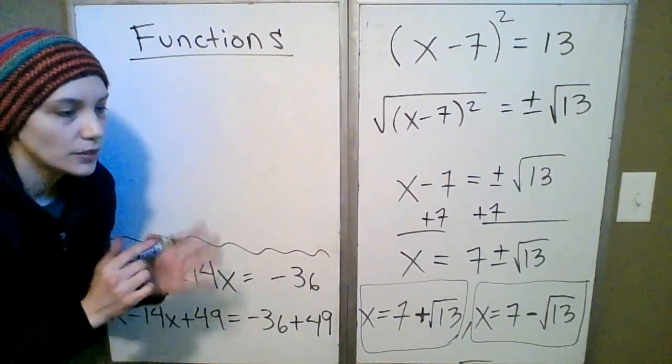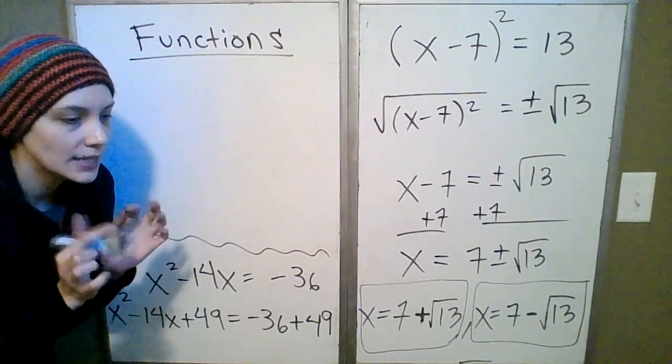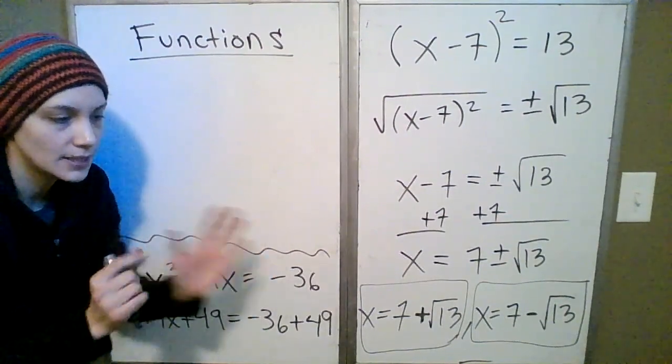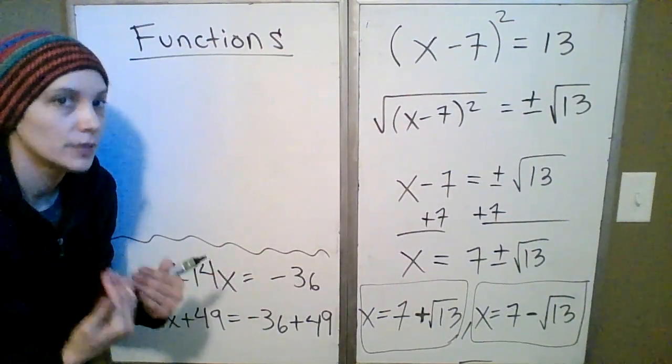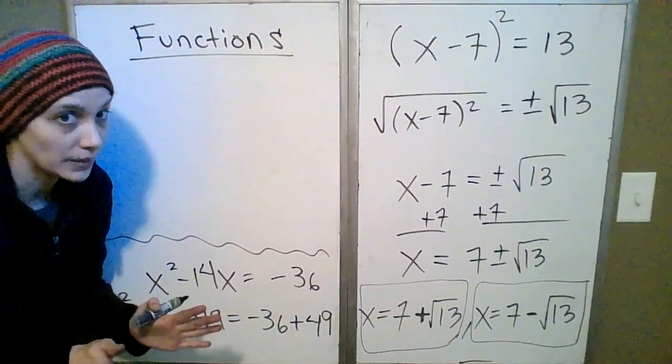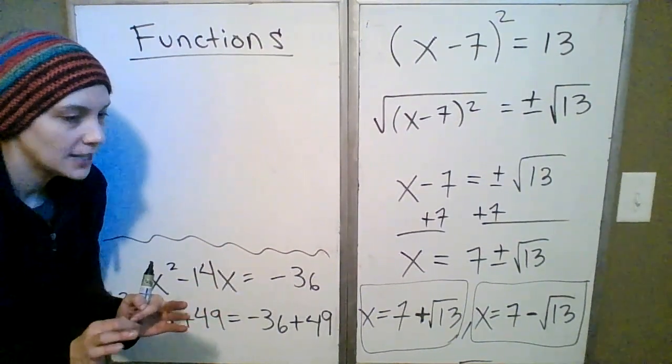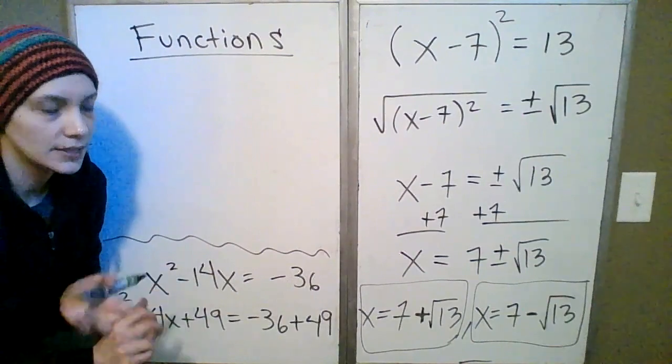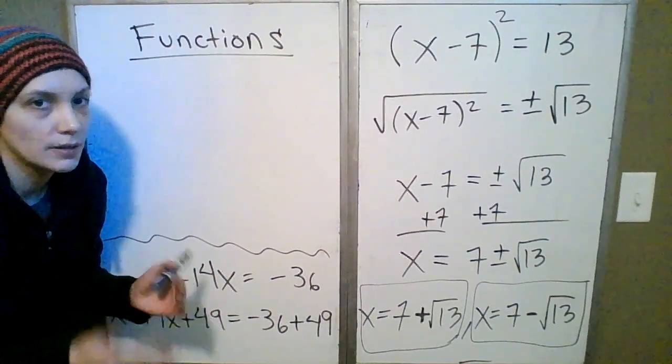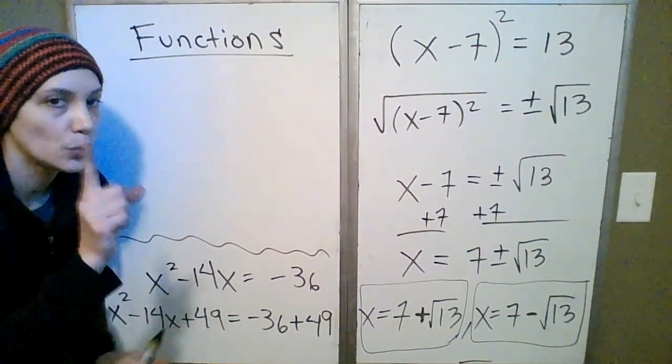Okay, so we're going to make it kind of simple and just stick with my favorite version of explaining a function, which there are many. And I like to say that a function is a relation or relationship in which every input has one output.